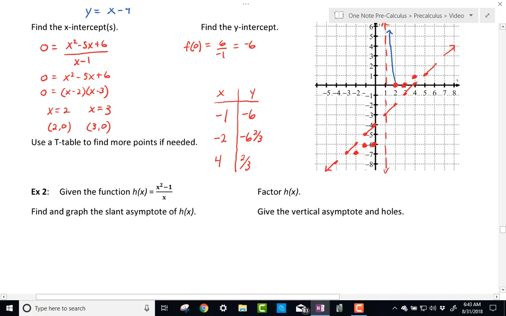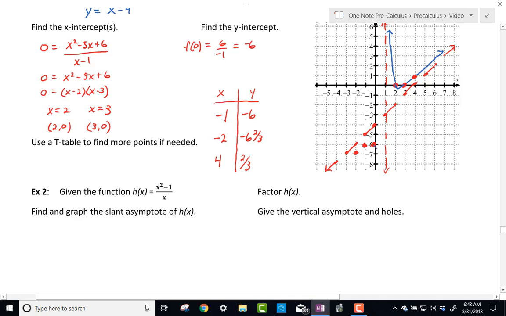As I approach the slant asymptote, I'm going to approach just like this. And I cannot go straight across the x-axis here. So there has to be some sort of a little loop down below here. All right? If I went straight across the x-axis, then I should have been able to find more x-intercepts than I have. So going to the left side, I would do the same thing.